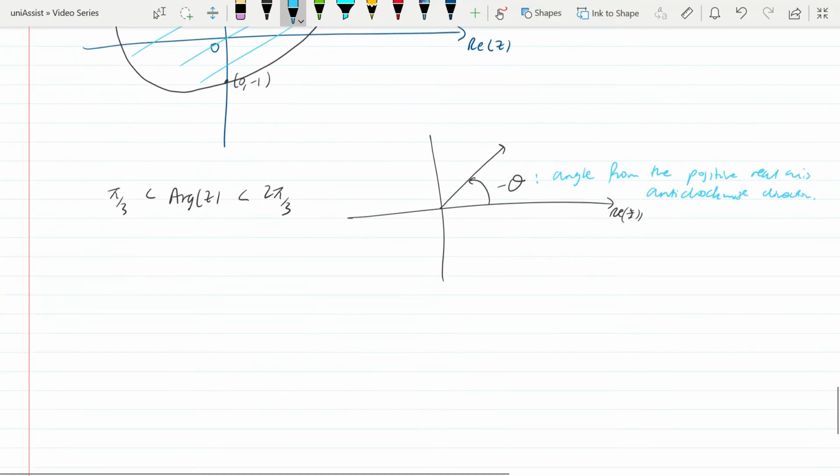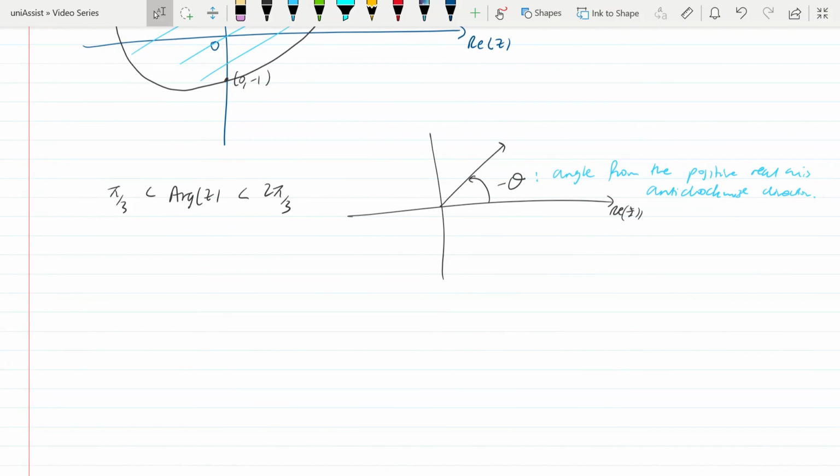So let's try drawing arg of z equals pi on 3. Recall that z is once again an arbitrary complex number, but that is centered at 0, 0. So you can think of this as arg of (z minus 0 plus 0i) equals pi on 3.